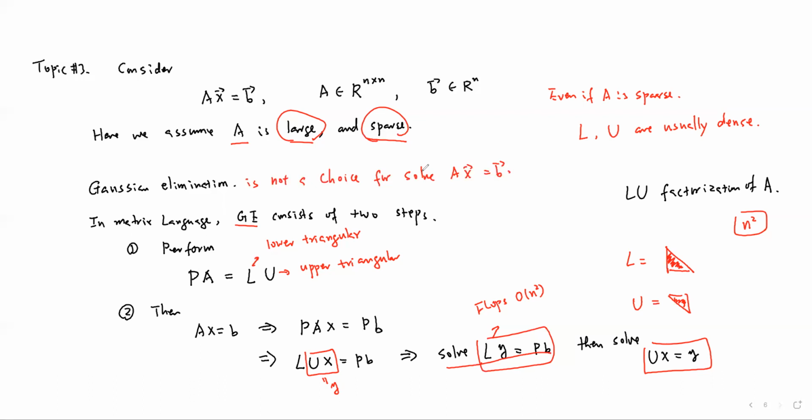The most popular nowadays among iterative methods are named Krylov subspace methods. Yeah. Krylov subspace methods are most popular nowadays. Okay.